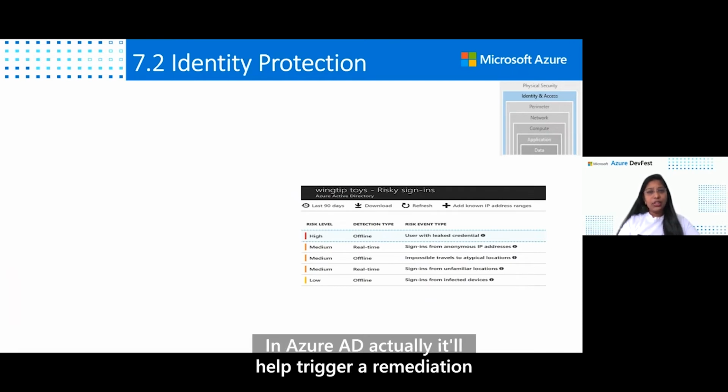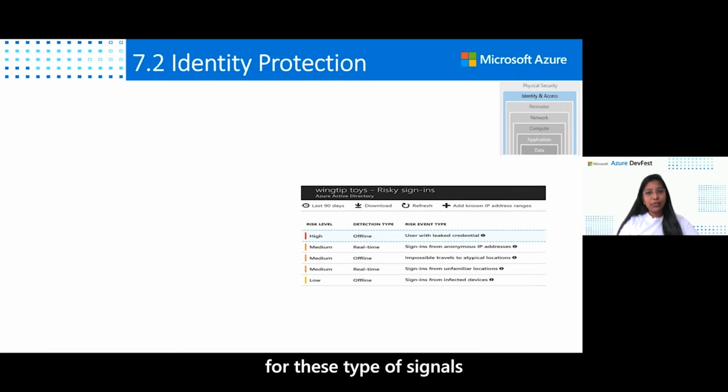Azure AD will help trigger a remediation for these types of signals by enforcing MFA, conditional access, and many more. Let's try to understand each of the security features that identity protection provides in Azure AD.